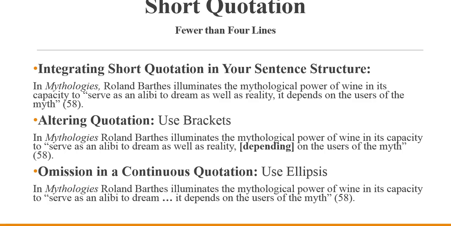All right, but also note that you can omit certain phrases or clauses in a continuous quotation, right? So this is the continuous quotation that we're using, from the beginning to end. And let's say that in your citation, you don't need all of the words in the same continuous quotation.